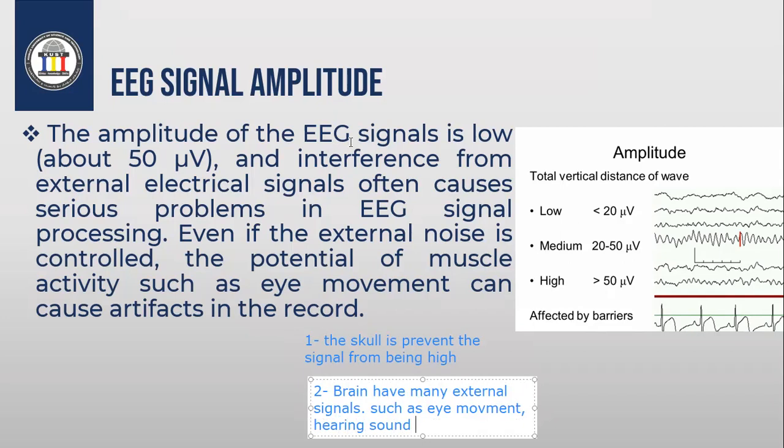So the electrical signal is low because of these two reasons. The skull prevents the signal from being high, and the brain has many external signals such as eye movement or hearing sound, which can affect it or make artifacts in the record.